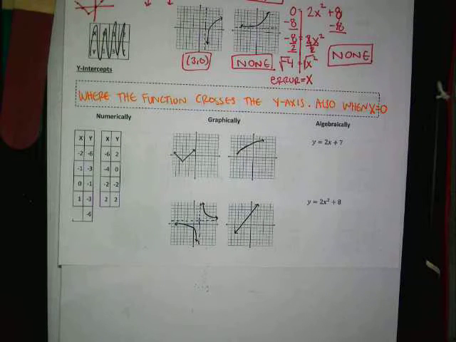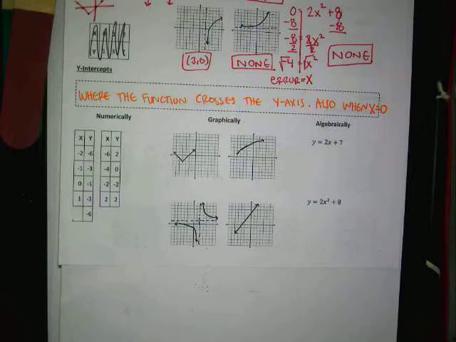For the y-axis, you will only have either no y-intercepts or 1 y-intercept. Not 2. Not ever 2 or more. Just 0 or 1. The reason is that if you did have 2 y-intercepts, your graph would have to cross through both of those, right?